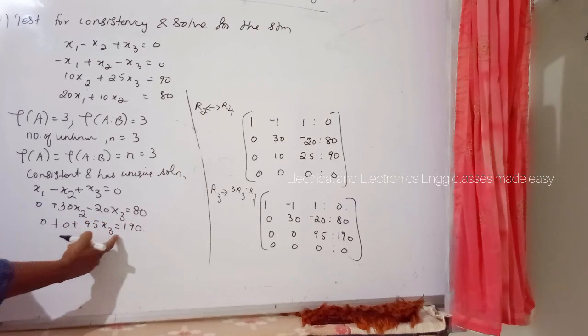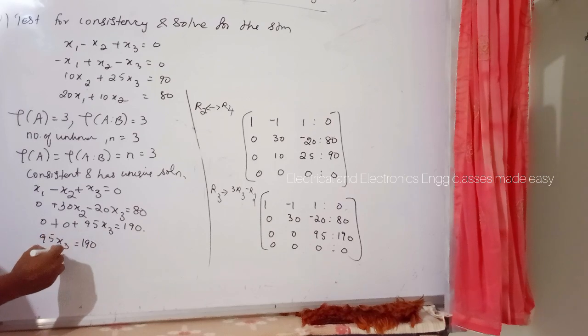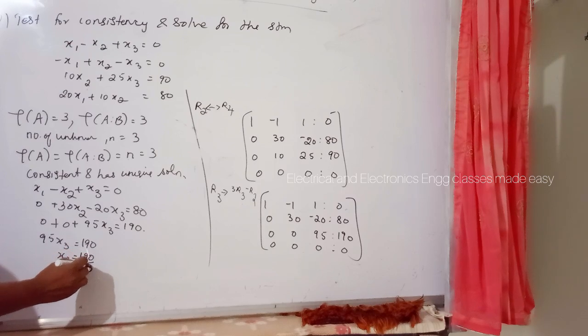Starting from the last row, 95x3 is equal to 190. So x3 is equal to 190 divided by 95, and that is equal to 2.